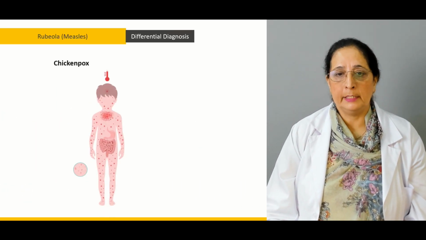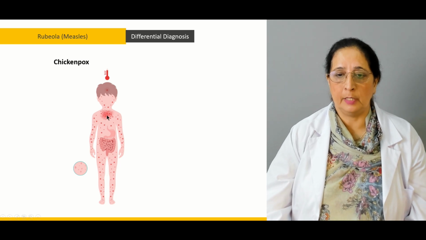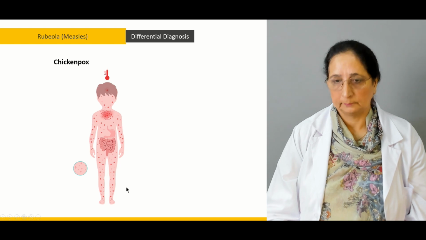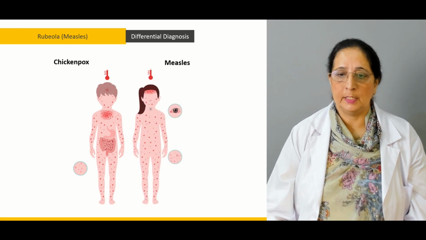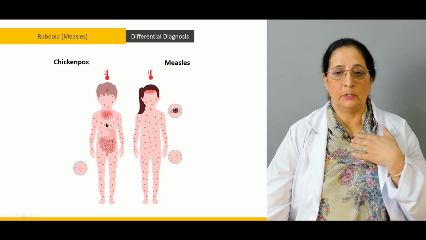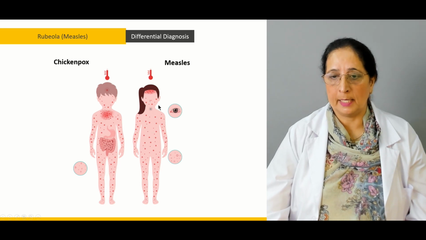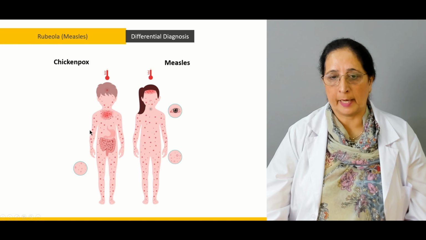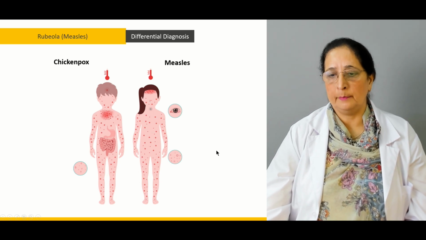Then some other conditions, chickenpox. Here, that's the rash of chickenpox. Then the measles rash, you can see the difference. This is more on the top of the chest area. This is from the forehead, and that's the rash of chickenpox and measles.